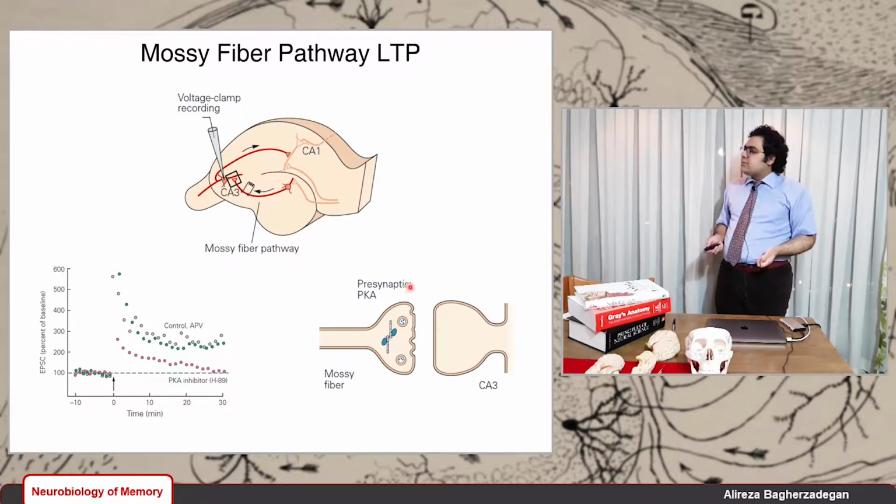So here you can see that the presynaptic cell has a major role in synaptic potentiation, or strengthening the synapse. There are, of course, some NMDA receptors and AMPA receptors and other glutamate receptors in CA3 neurons, but their role in potentiation is very minor. Okay, so they're not considered most of the time. So protein kinase A actually has a major role in inducing the LTP in the Mossy fiber pathway.